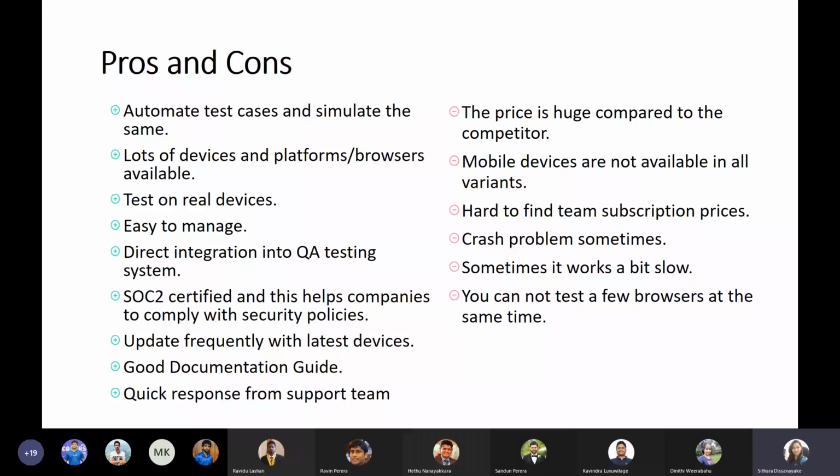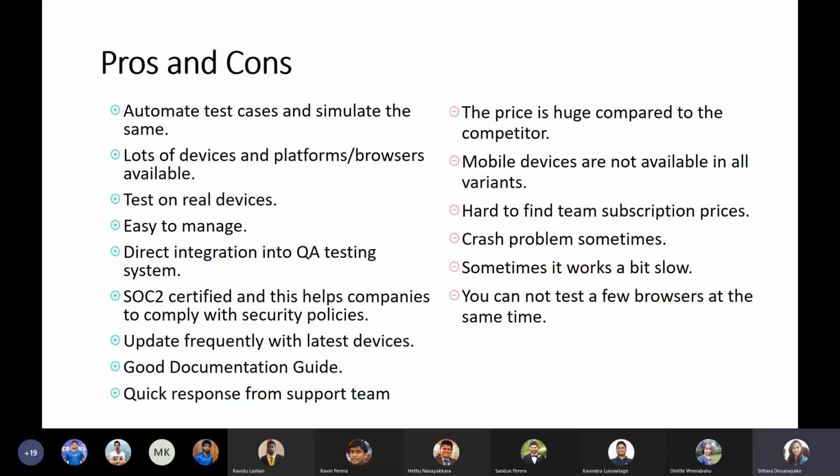I will go through them very quickly. Pros: automate test cases and simulate the same; lots of devices and platform browsers are available; it tests on real devices, easy to manage, and direct integration into QA testing systems. SOC2 certified, which helps companies comply with security policies, updated frequently with the latest devices, good documentation guide, and a quick response from the support team.